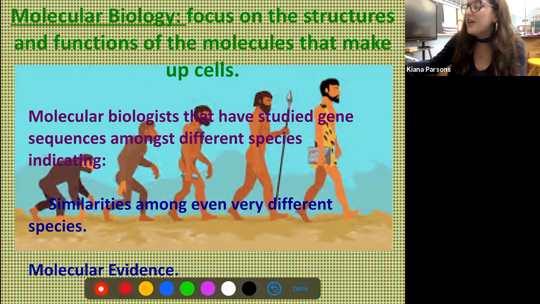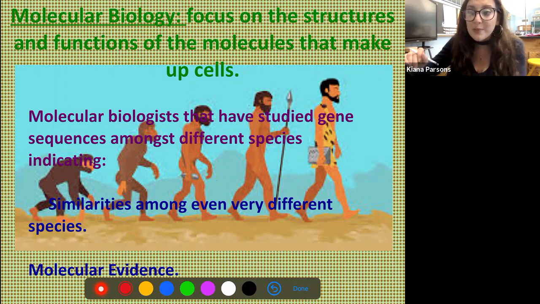Molecular biology focuses on the structures and functions of the molecules that make up cells. Molecular biologists that have studied gene sequences amongst different species indicate similarities among even very different species. So this is molecular evidence.